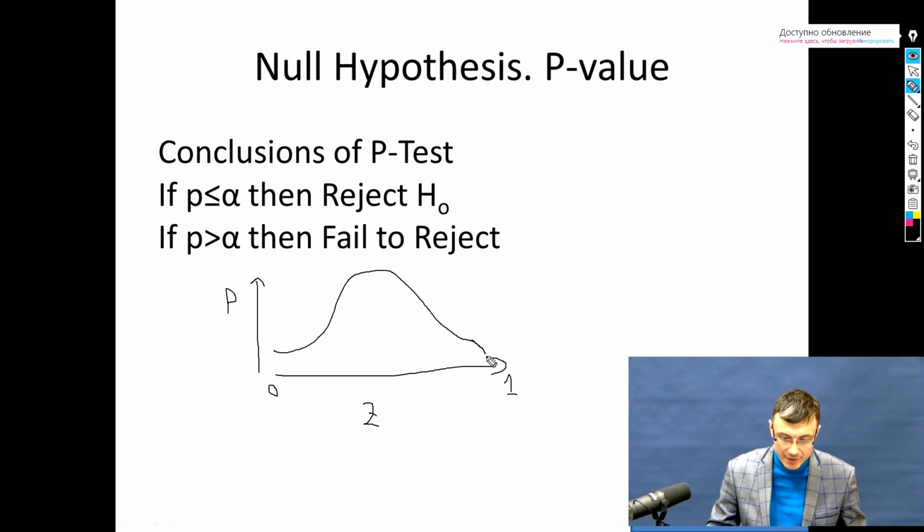We have an area, will be shading, and its square consists of 5% of all square of our probability.